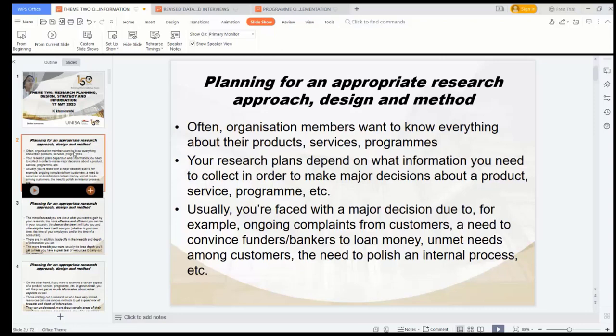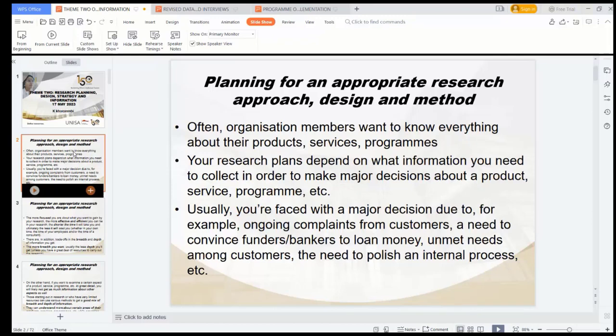Usually, you're faced with a major decision due to, for example, ongoing complaints from customers, need to convince funders, bank, and loan for money. This only shows that every research that is conducted has a basis. In other words, it has to address a challenge that is there in an organization.